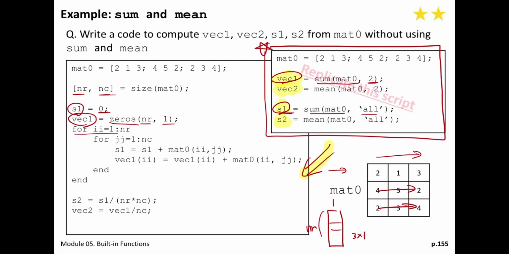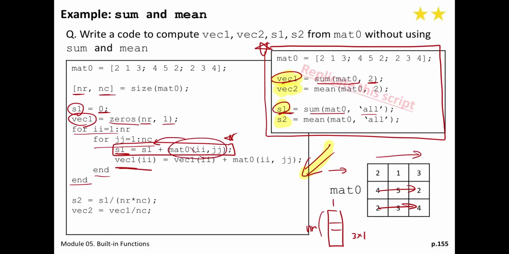So we design the double loop structure. For s1, we are summing up all the values, so we read the value and add it to s1.